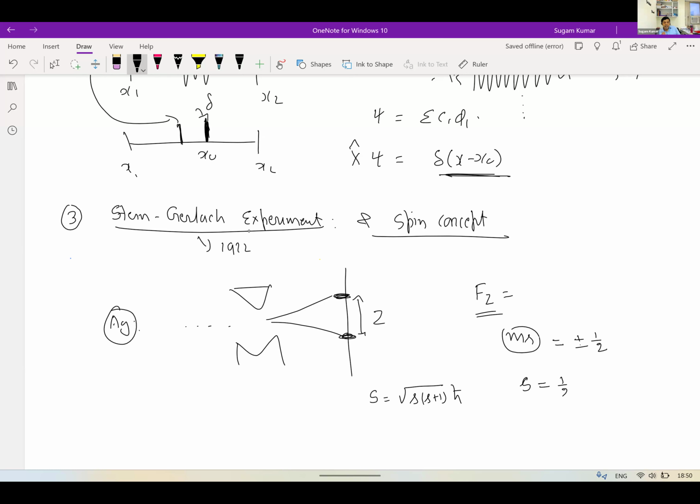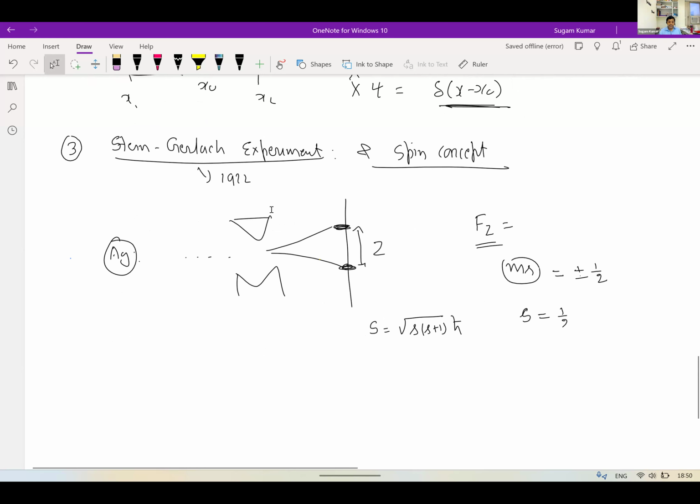So the Stern-Gerlach experiment is very important, and we will spend some time on it, because with this we will understand spin in a much better way. When I interact with students, many feel that spin means something is spinning.